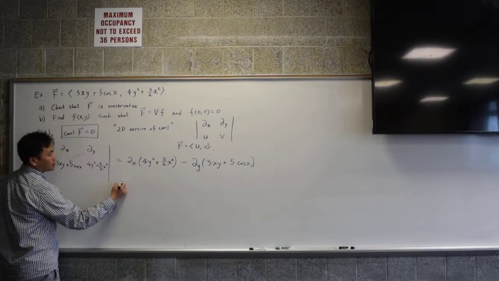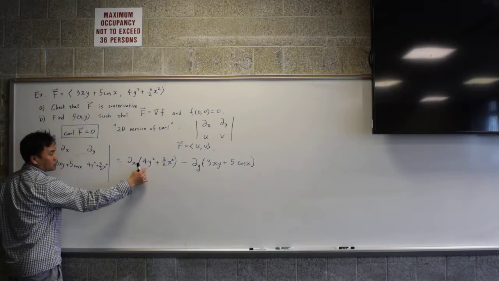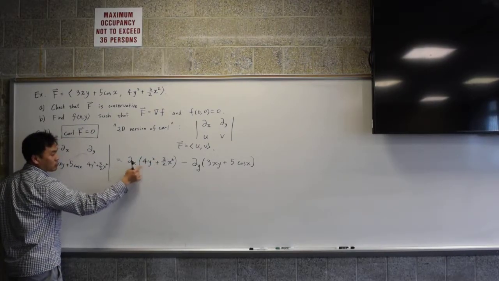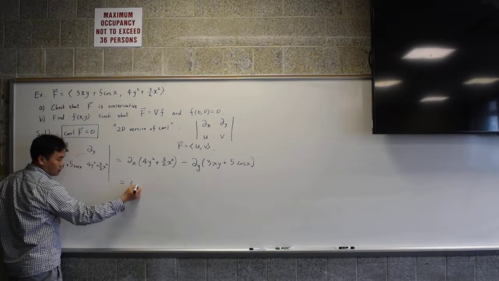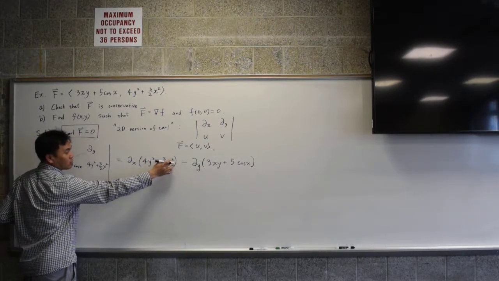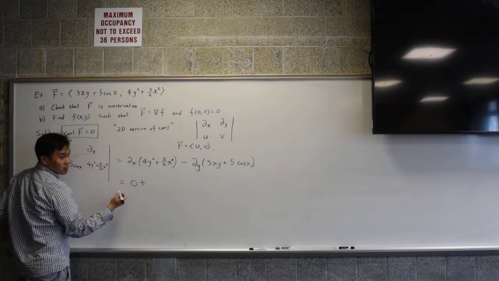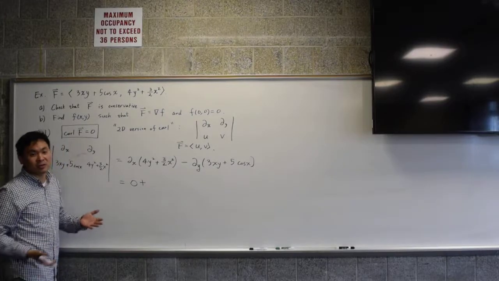And the partial derivative treats the other variable as a constant. So if you differentiate 4y squared by x, you get 0. And if you differentiate this by x, you get 2 comes down and you get plus. Come on, help me out here.